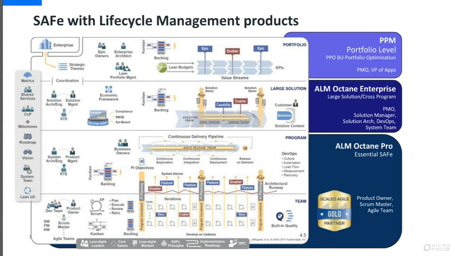And we see Micro Focus PPM as the portfolio level planning for Agile. And again, there's a tight integration between the two products, and this integration is being enhanced as more features are being introduced in both tools.